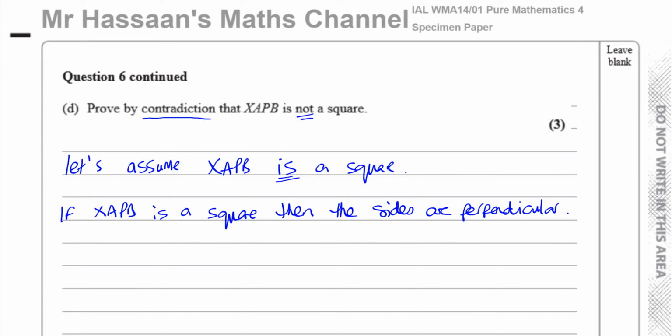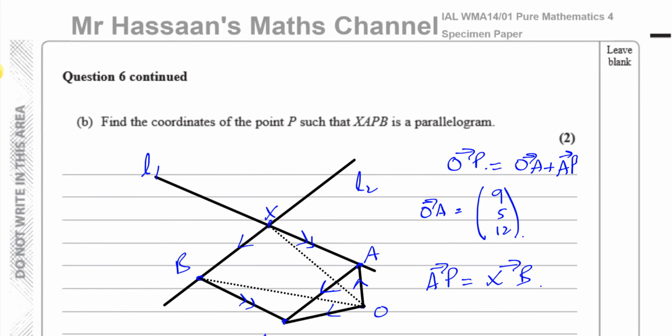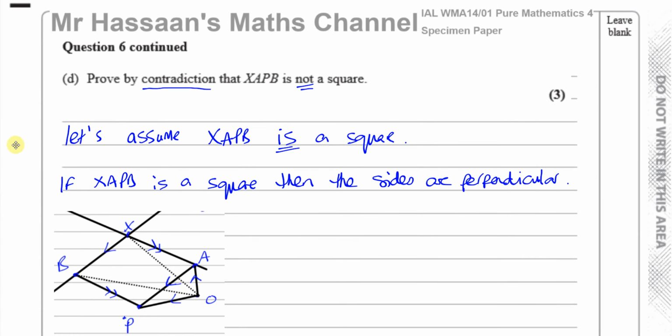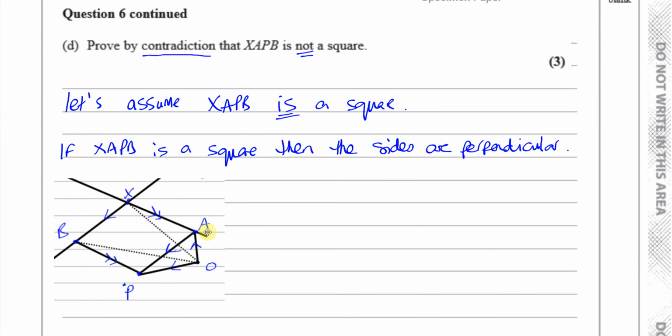Okay, so let's go back to the diagram here. Let me just take a little snapshot of it. Here we have a snapshot of the diagram. So far it's a rhombus. We've got to prove it's not a square. We assumed that it is a square. If XAPB is a square, then the sides are perpendicular.